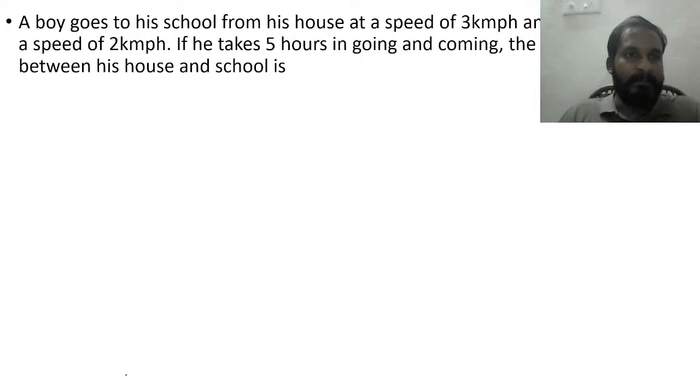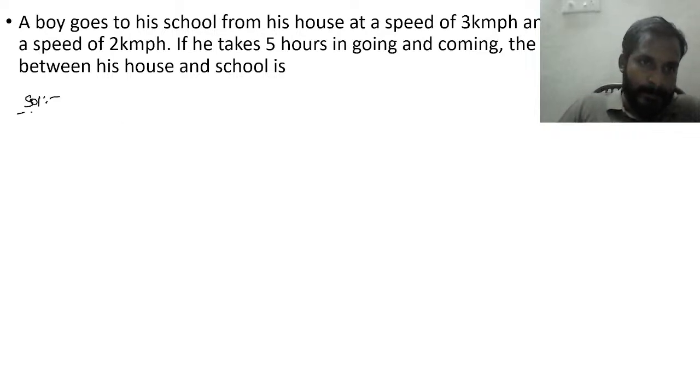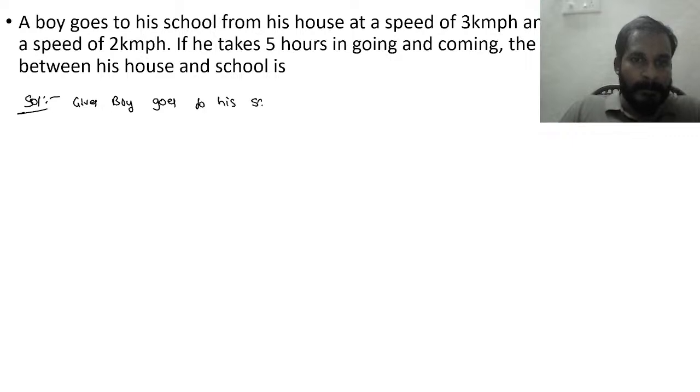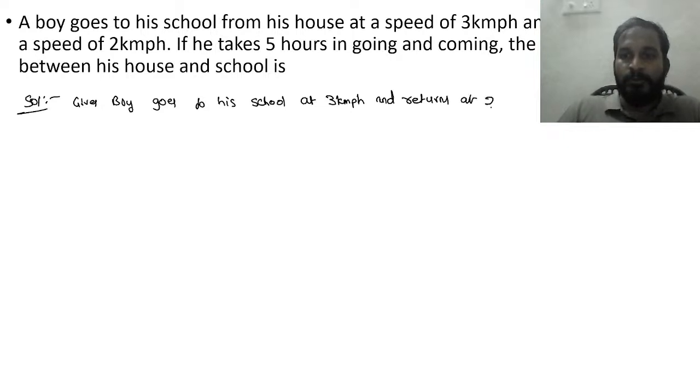Now we will see. A boy goes to his school from his house at a speed of 3 kmph and returns at a speed of 2 kmph. If he takes 5 hours in going and coming, the distance between his house and school is. Okay. Boy goes to school at 3 kmph and returns at 2 kmph.